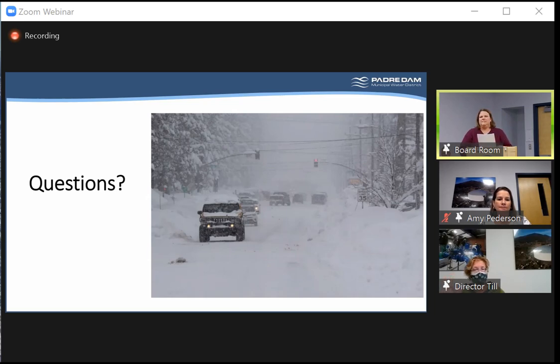Director Till? I think it's important to restate the elephant in the room on this. I'm looking at two documents here. First is the California Department of Water Resources on climate change and water. The first sentence is that climate change is already impacting water and other resources in California and will continue to do so as California's population and demand for water increases.